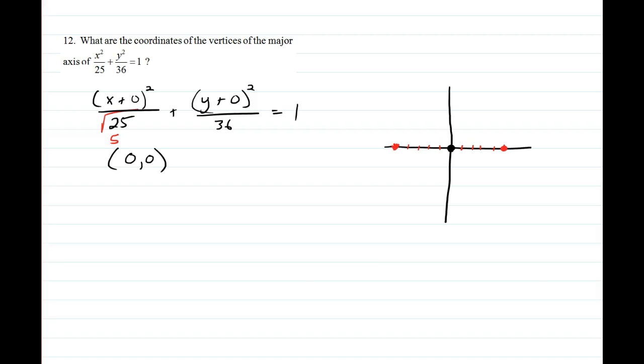And then on the y, we square root the denominator, 36, and we get 6. So that means we have to go up 6. Down 6. And that's our ellipse.